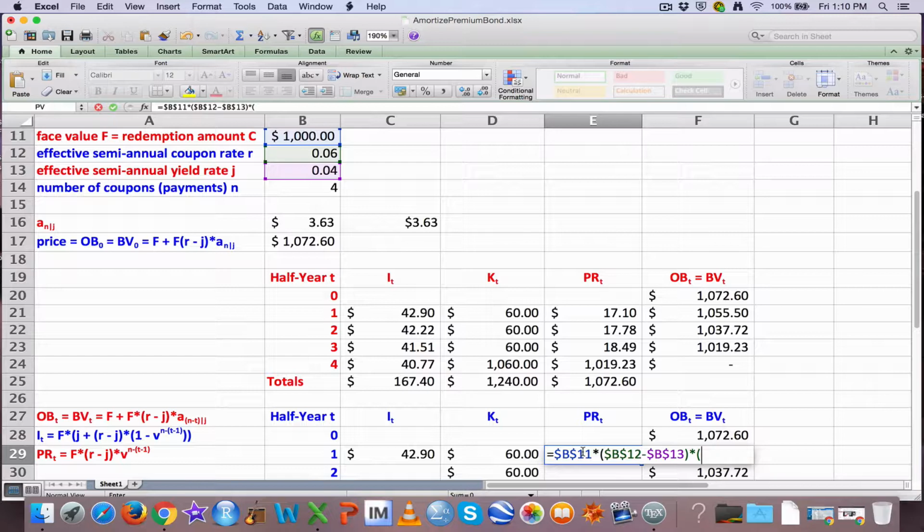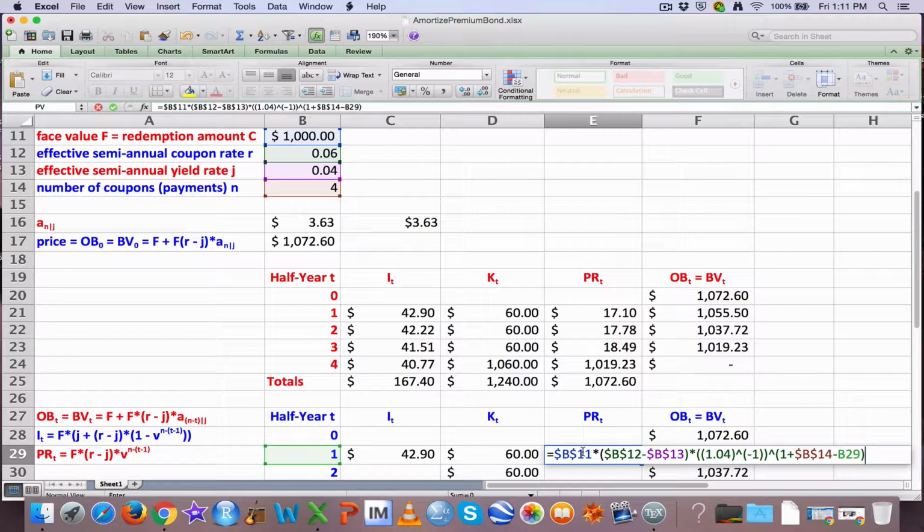That's going to be 1.04 to the negative 1, all raised to the 1 plus n minus t power, t coming from, again, B29.